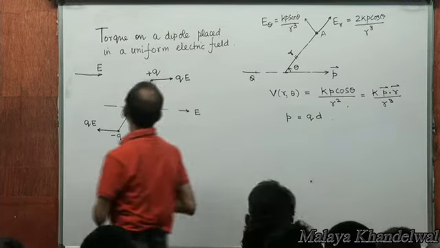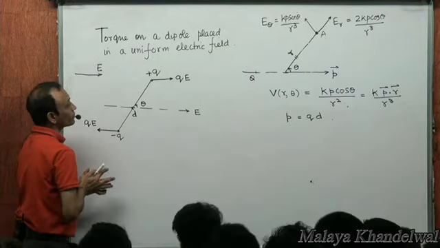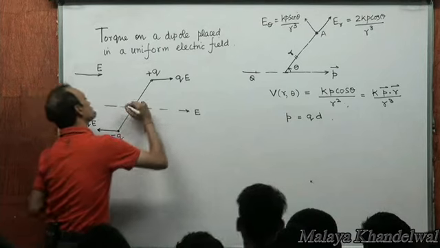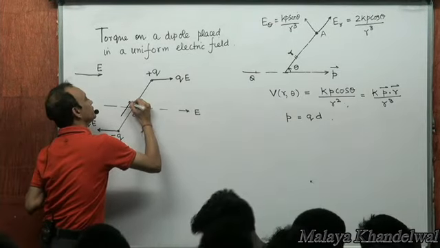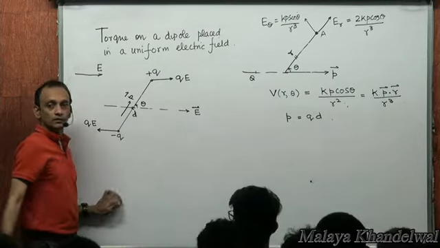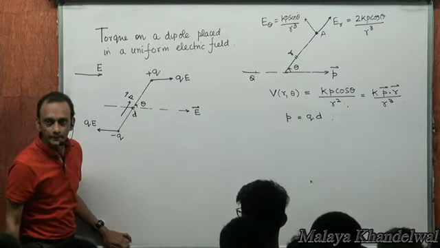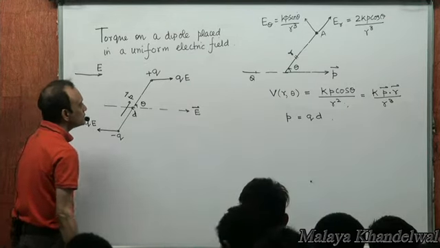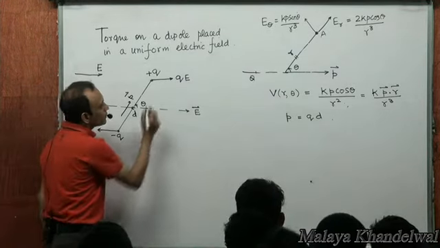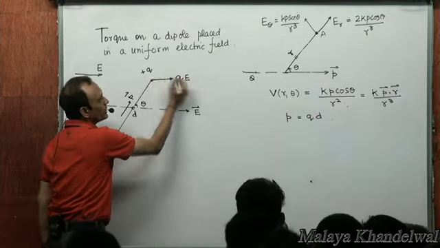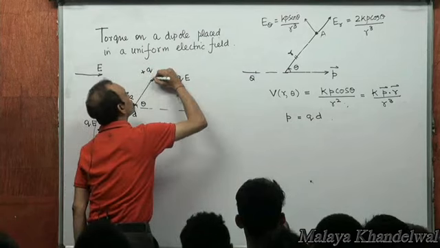Now, E makes an angle theta with the dipole moment vector. This is the dipole moment vector, and the vector E makes an angle theta with the dipole moment vector. Okay? Now, realize that this force qE by this charge could be resolved.